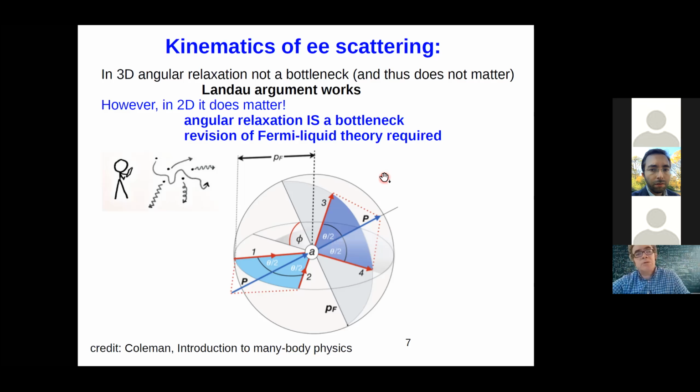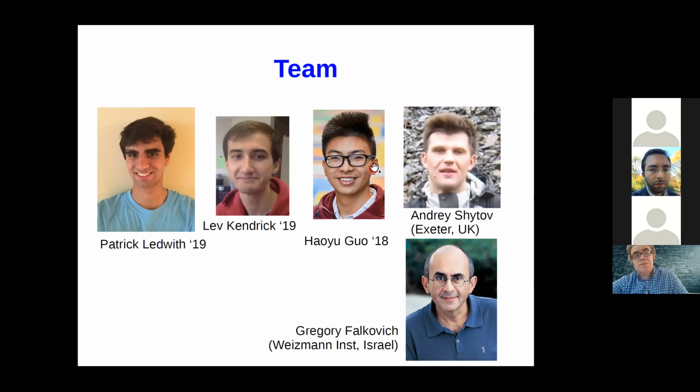In 2 dimensions, it's going to be quite different, and because of that, angular relaxation is going to be a bottleneck for some processes, and some revision of Fermi liquid theory will be required. That's what we're going to do first, and then apply it to hydrodynamics.